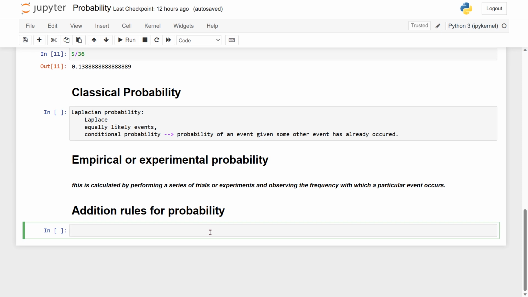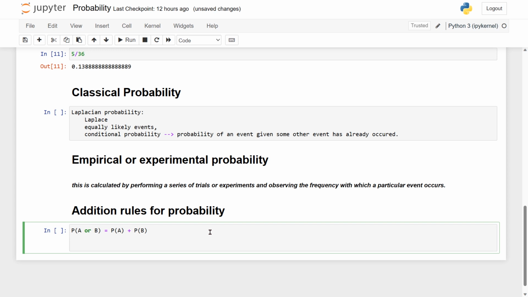But you have two conditions. If the respective events are mutually exclusive, there is no connection between each other. So if they are mutually exclusive, in that case, P of A or B is P of A plus P of B.